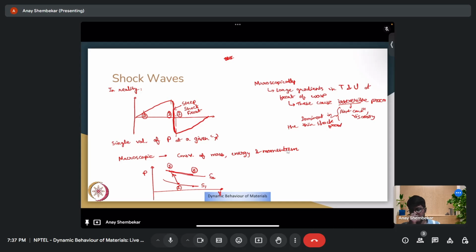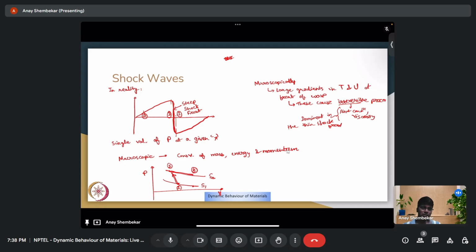From 2 to 3, there is an adiabatic passage of the shock wave, whereas from 1 to 2, you would have a non-adiabatic transition of state.